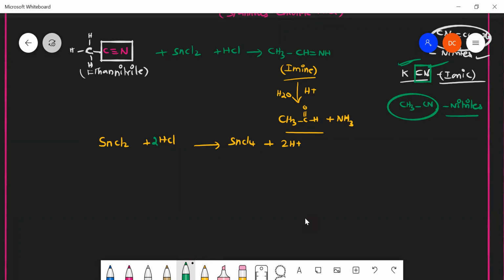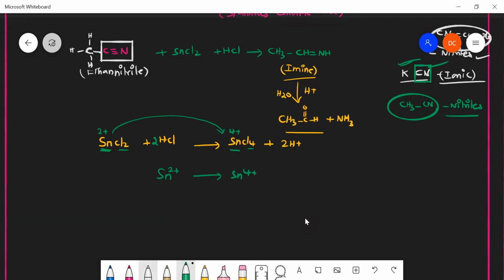So what about the oxidation state of tin in SnCl2 and the oxidation state of tin in SnCl4? This is 2 minus, so Sn2+ is there. This is 4 minus, so 4 plus is there. So Sn2+ becomes Sn4+. Sn2+ is going to become Sn4+.